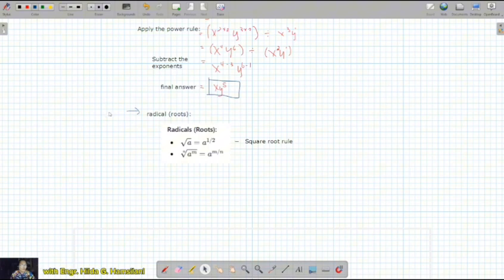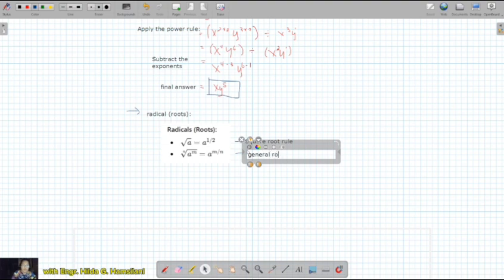Now, in a square root rule, the square root of a is equivalent to raising base a to the power of 1/2. Even though there's no number written in the symbol square root, it is understood to be a 2, the index of the root. The next is the general root rule.